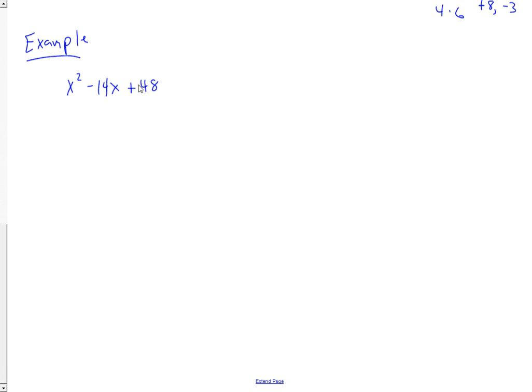This example, it's already written in descending order. There is no greatest common factor other than 1, so nothing to do there. So my product is the 48, and it's positive, which means when we have the sum that is negative 14, we are going to add the factors to get negative 14.